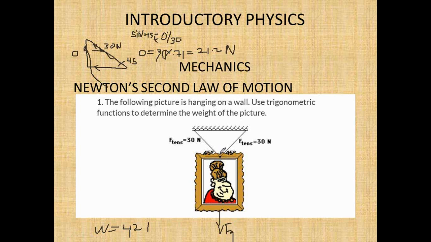If it wasn't, then the frame would be falling or moving upwards. So the upward force has to balance the force due to gravity. And it's the vertical component of the tension in these cables that is going to support the weight of the frame. Okay? All right.